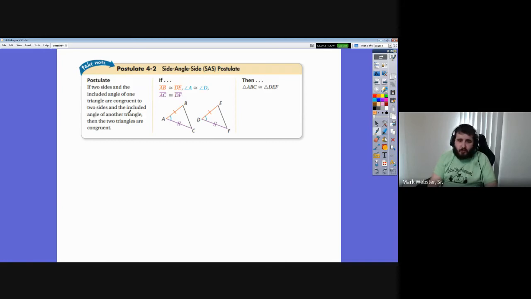The book refers to this angle in the middle as an included angle, the angle that is included between the two sides that we've noticed. So once again, we look at this. Are they congruent? Yes. How do we know? By side angle side congruence. Let's detail that.